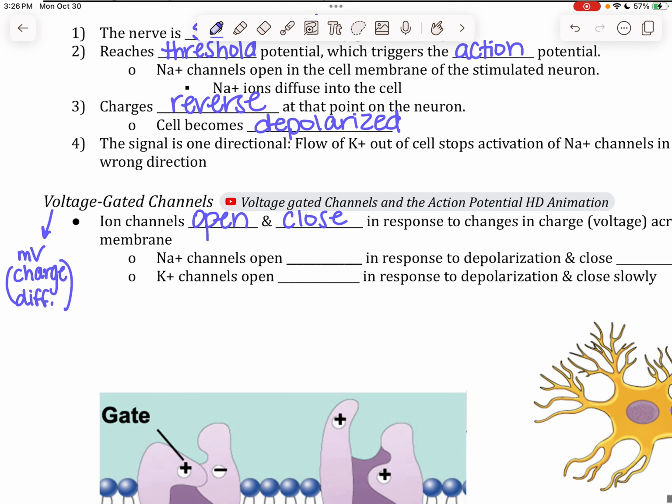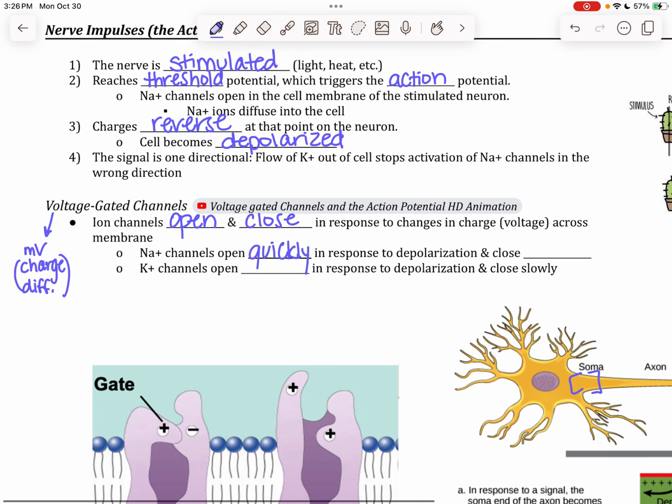Okay, so just a little reminder that the sodium channels open quickly in response to depolarization, or that charge flip, and close slowly. The potassium channels open slowly in response to depolarization and close slowly.